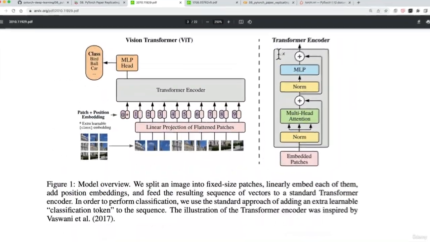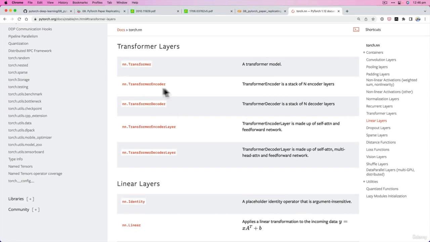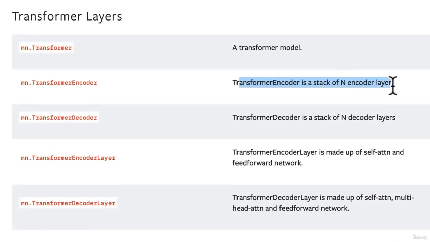Transformer Encoder, which is a stack of these blocks here. So that's what we're reading there. Then we have here, nn.TransformerEncoderLayer is made up of self-attention, which is what we've done, and a feed-forward network, which is another word for MLP. As I've said, there's a lot of different names for the same thing in deep learning.